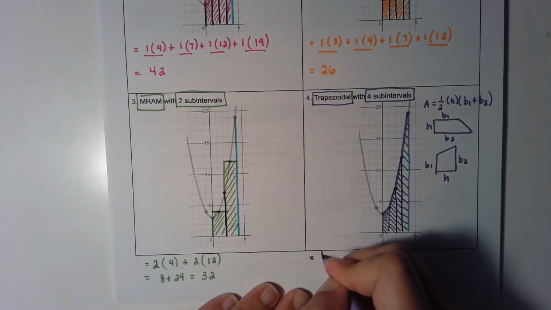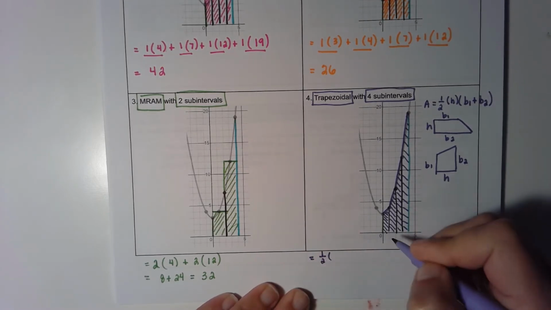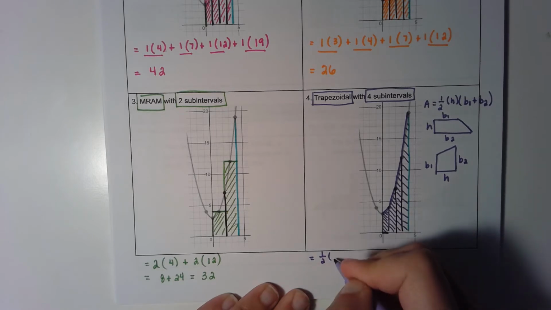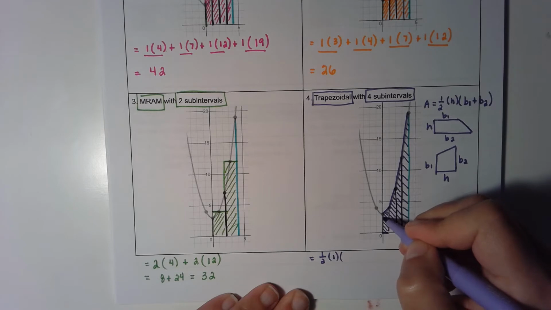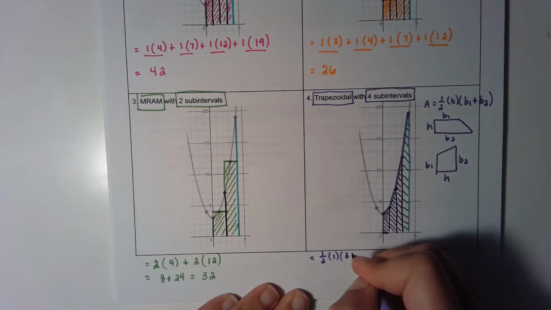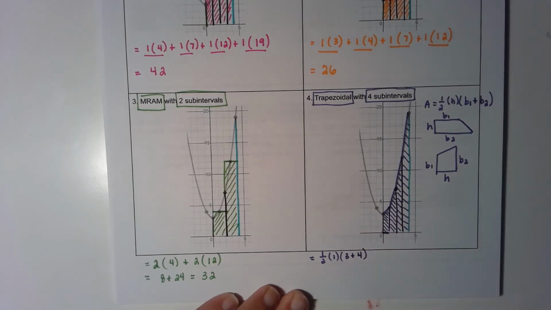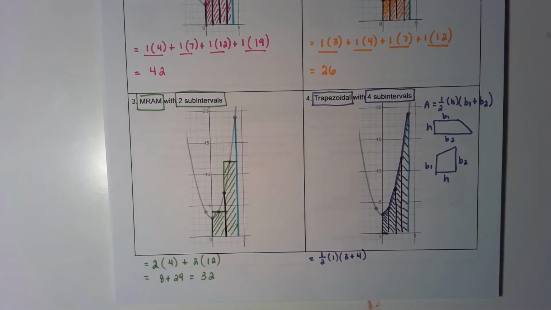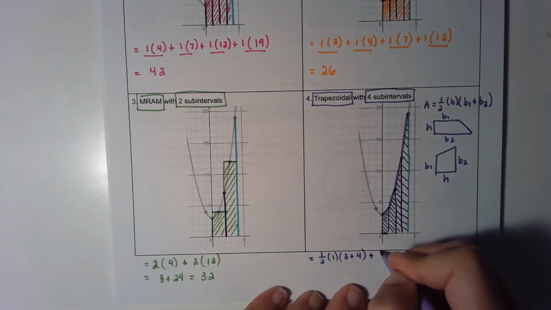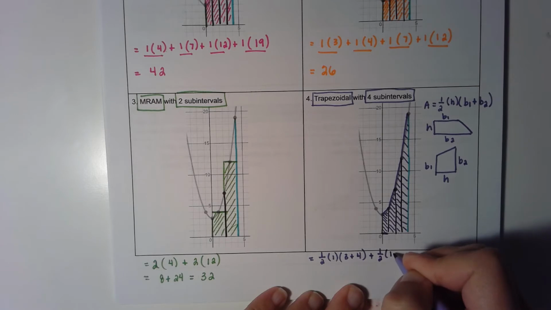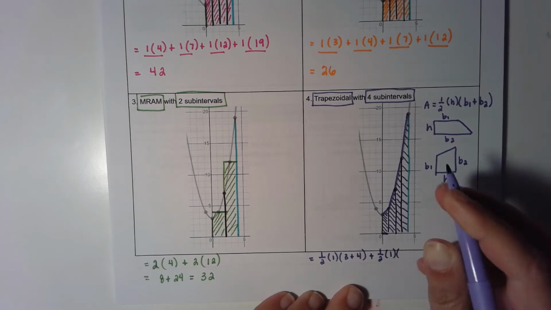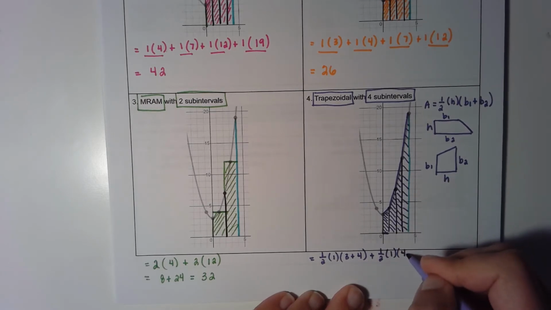The first trapezoid is going to be 1/2 times the height, which is 1. That's the distance between the vertical sides. And then base number 1 would be 3 plus base number 2 is 4. You can see it's kind of turned sideways. Plus the second trapezoid here would be 1/2 times the height, which is 1. And then base number 1 is 4 plus base number 2 is 7.